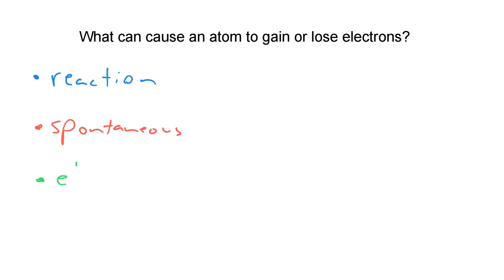Another way would maybe be electricity. So electricity or any sort of high energy environment can just knock electrons off of atoms. Another option would be acidity. A very acidic environment is very poor of electrons, and so electrons will just move away from their atoms in a very acidic environment.